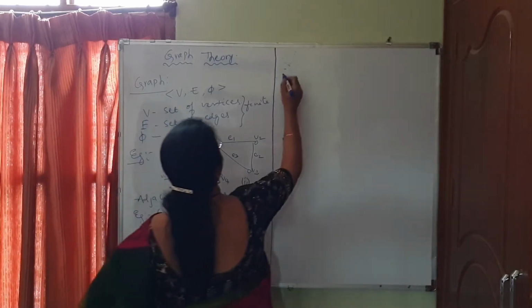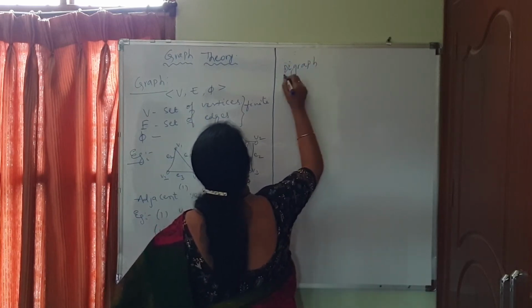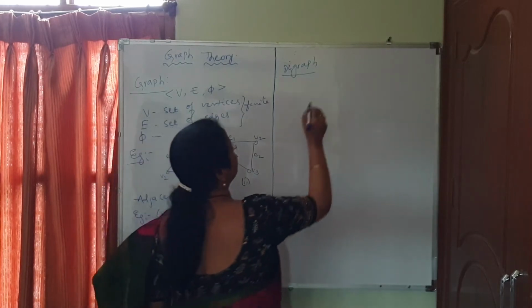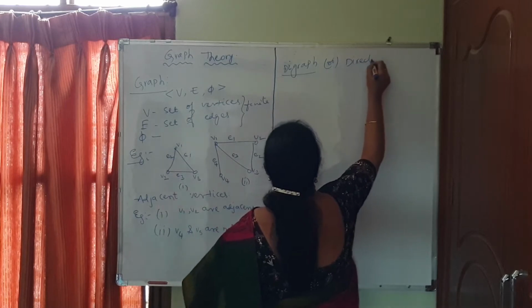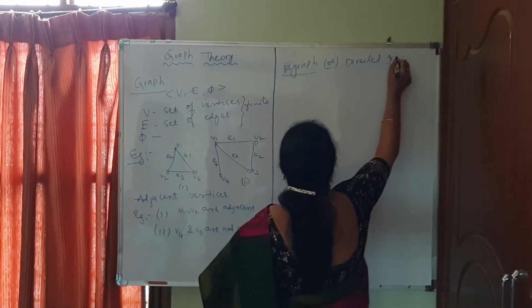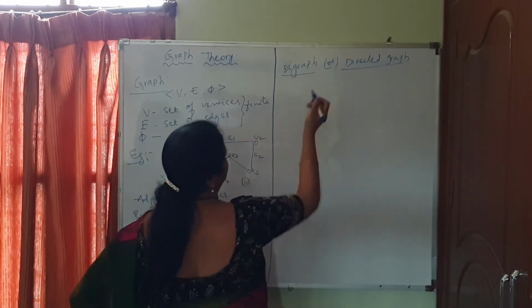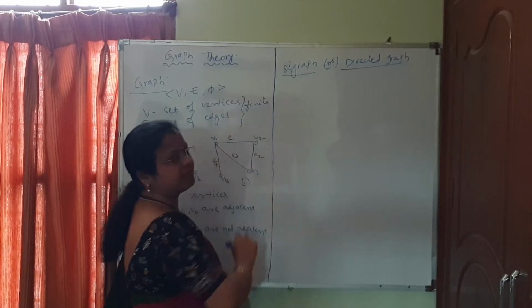Then I will tell you another definition, digraph, or you can also call the same thing a directed graph. A graph is said to be a digraph if each edge in the graph is represented with some direction.